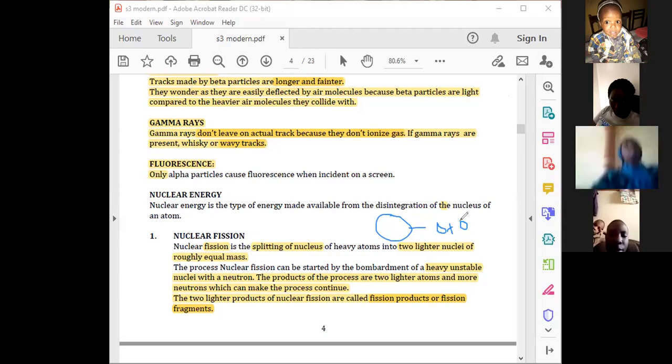These two split atoms shall be called daughters. So this is a parent, this is a daughter. Whenever we split, we always have what we call excess energy.